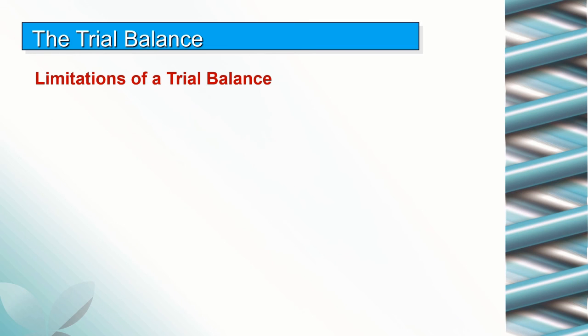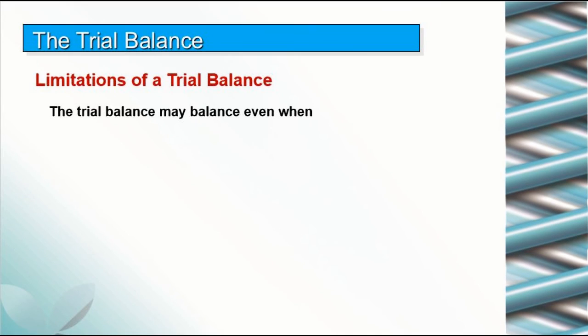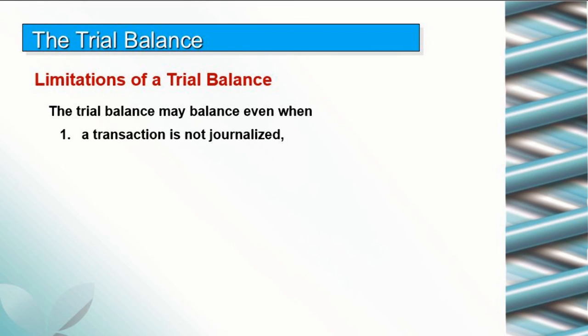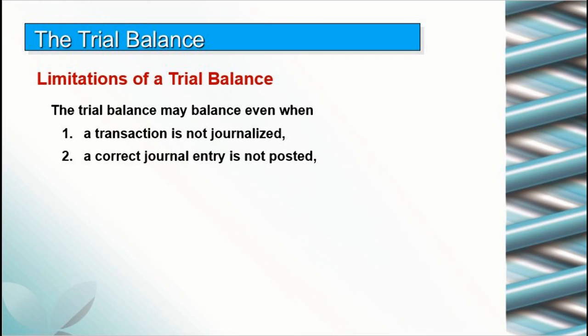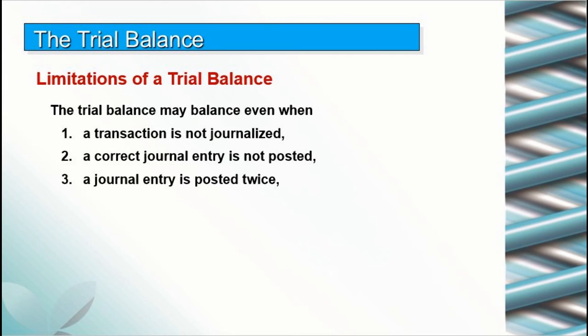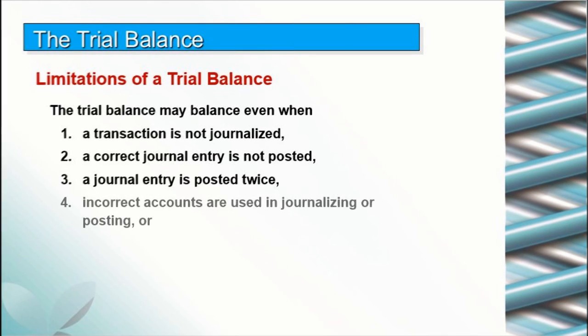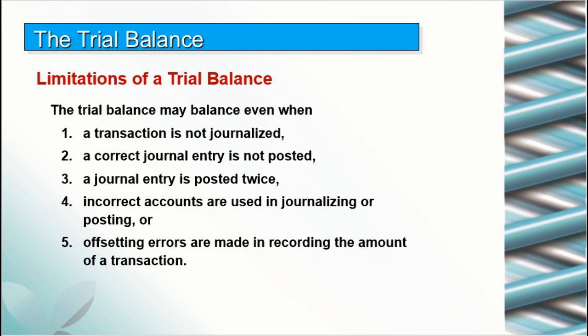For example, the trial balance may balance even when a transaction is not journalized, a correct journal entry is not posted, a journal entry is posted twice, incorrect accounts are used in journalizing or posting, or offsetting errors are made in recording the amount of the transaction. The trial balance does not prove that the company has recorded all the transactions correctly or that the ledger is correct.